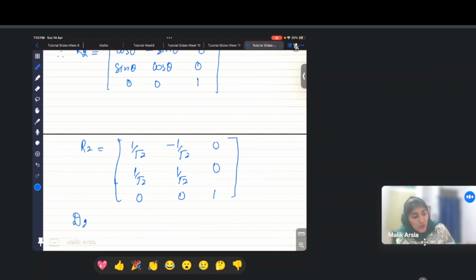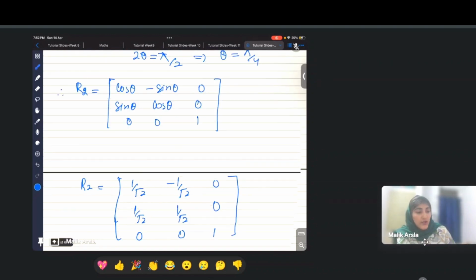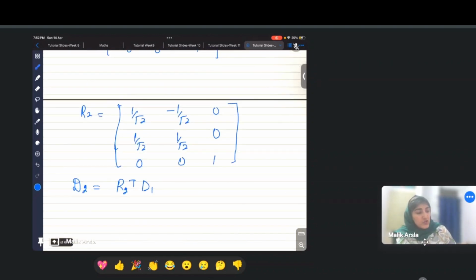Now you find D2. How do you find D2? R2 transpose D1 R2. Here you don't take A, because now A has become D1. So D2 is R2 transpose D1 into R2. It is coming out to be 5 0 0, 0 1 0, 0 0 minus 1.